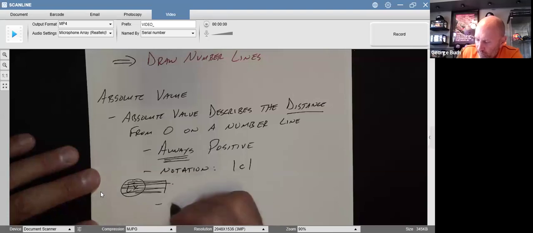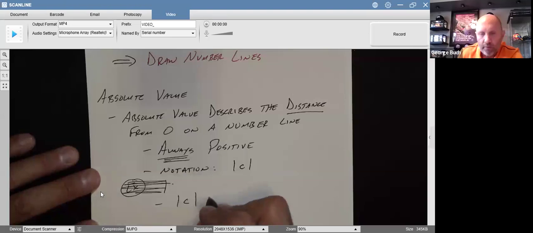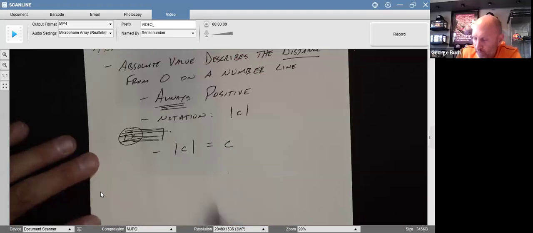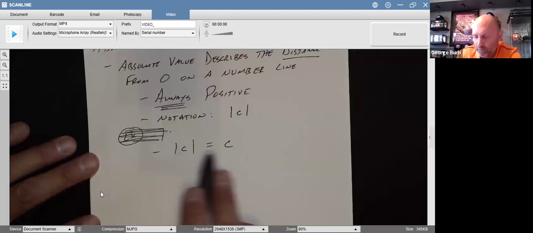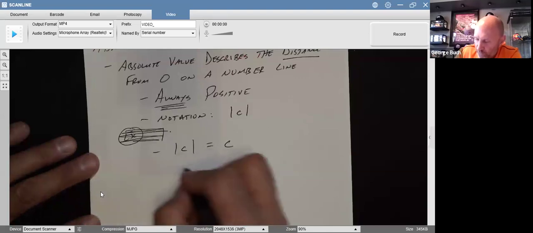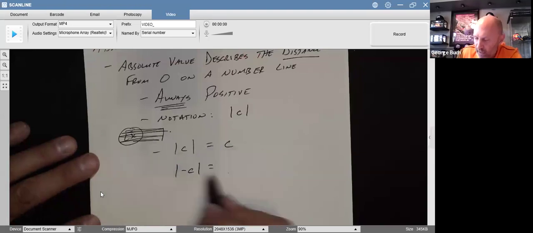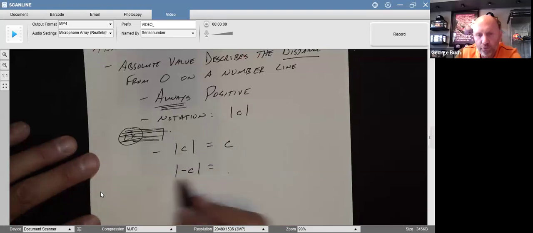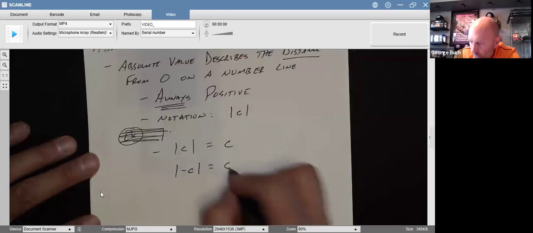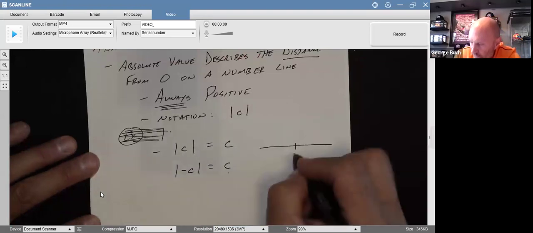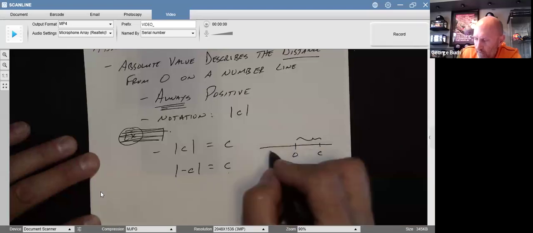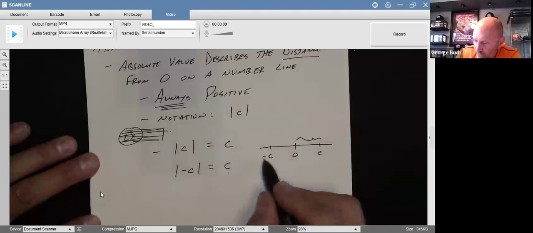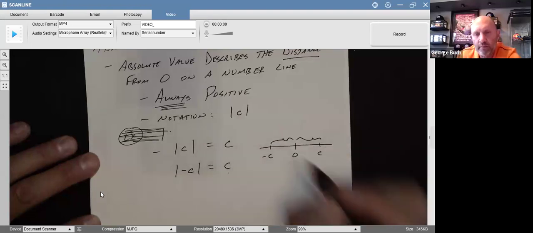If I have absolute value of C, this is equal to C. So how far from 0 is C on a number line? It's C units. Or similarly, how far is negative C on a number line from 0? It's also C. So if we looked at this graphically, if I have a point C out here, it's a distance of C. If I'm down here on the number line, negative C, it's still a distance of C.